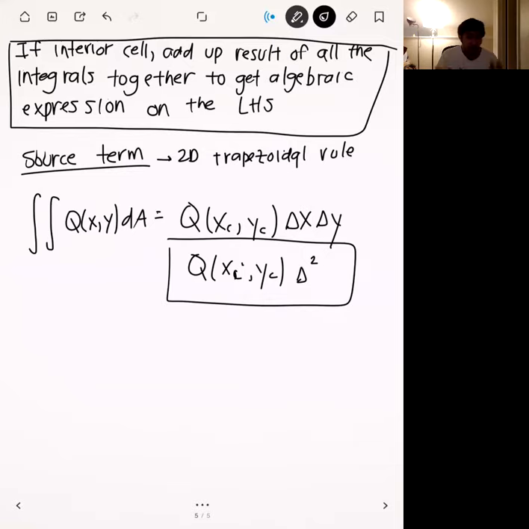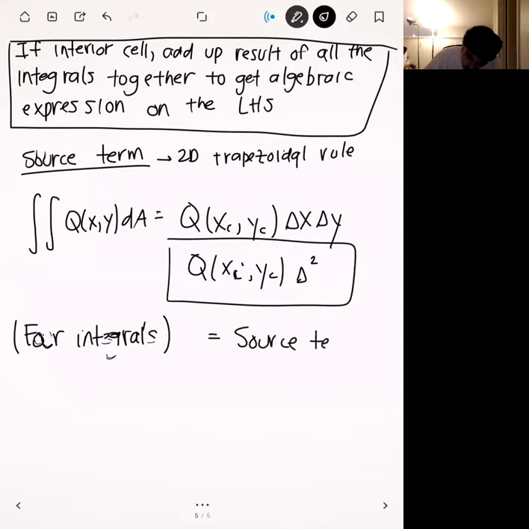Now we have two components to our 2D finite volume expression. We have our four integrals on the left, and this is equal to our source term. Before we get into the boundary conditions, let me add up all the four integrals and show you what you get from that.